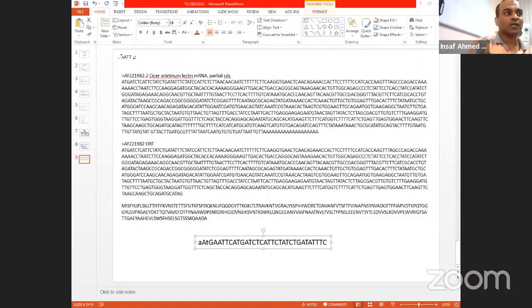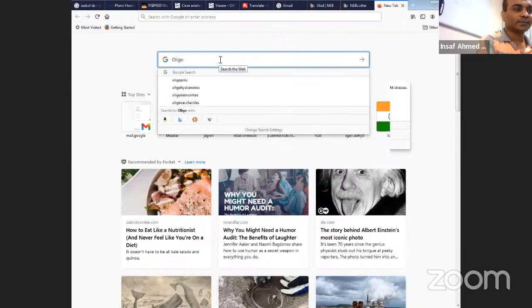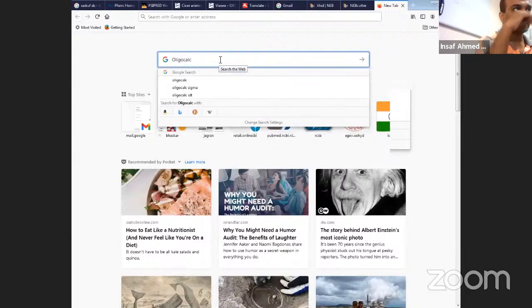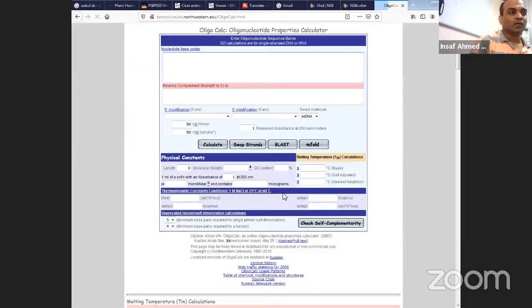Okay, I hope all of you are able to follow me. So let's go to OligoCalc. This is a server which will give you all the parameters of this primer, the oligonucleotide which you have just designed.